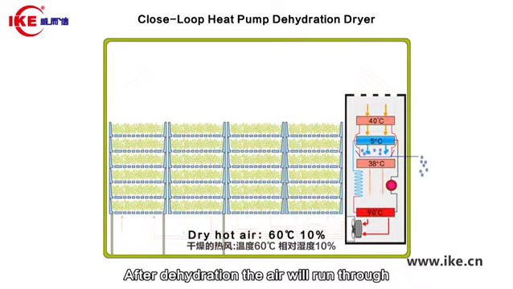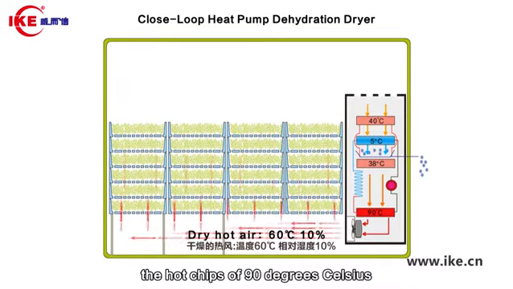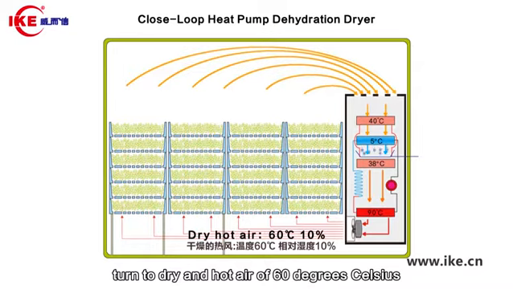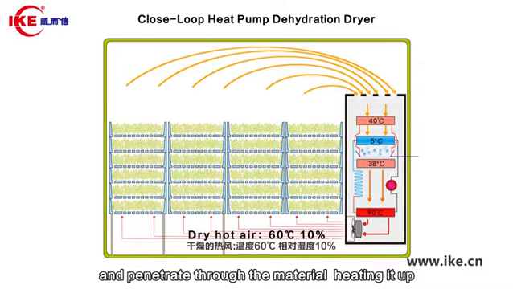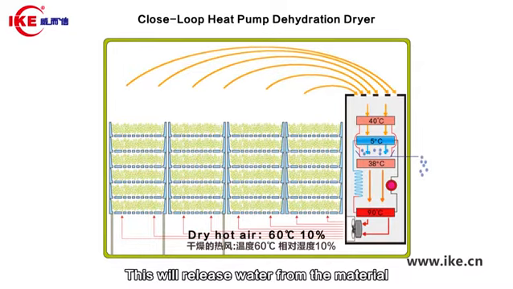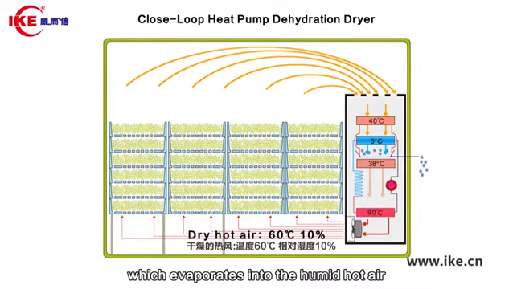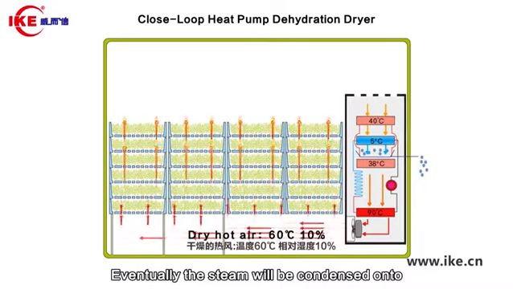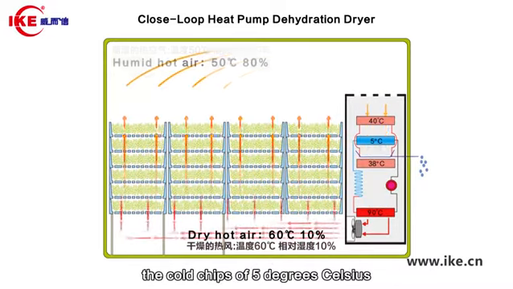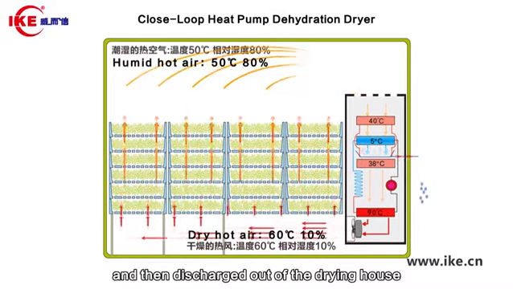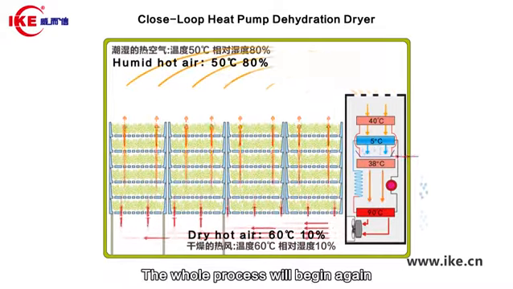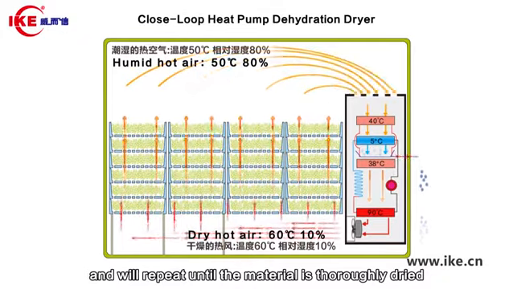After dehydration, the air will run through the hot chips of 90 degrees Celsius, turn to dry and hot air of 60 degrees Celsius, and penetrate through the material, heating it up. This will release water from the material, which evaporates into the humid hot air and then is taken back into the dryer again. Eventually, the steam will be condensed onto the cold chips at 5 degrees Celsius and then discharged out of the drying house. The whole process will begin again, and will repeat until the material is thoroughly dried.